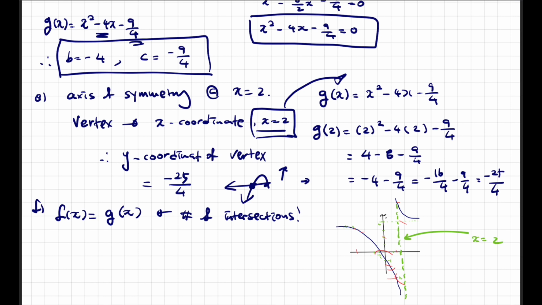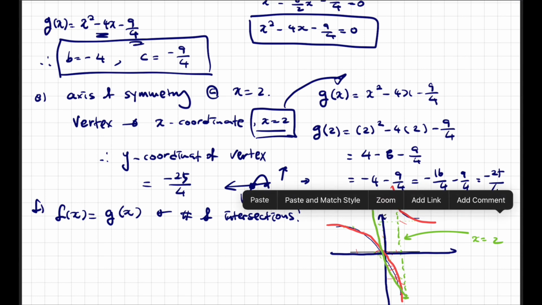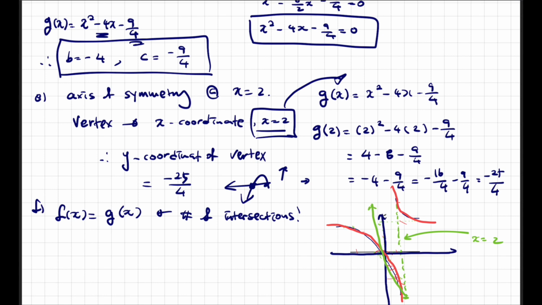We know the y coordinate of the vertex is negative 25 over 4. So the graph for the function g of x has a vertex around here, and the graph will probably look like this.